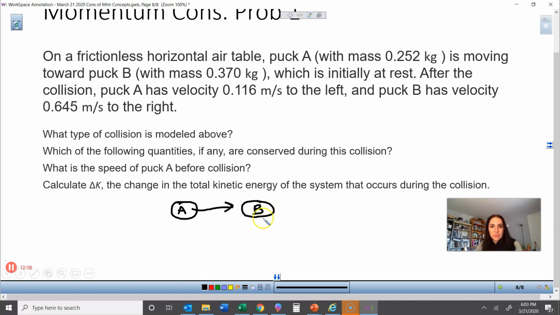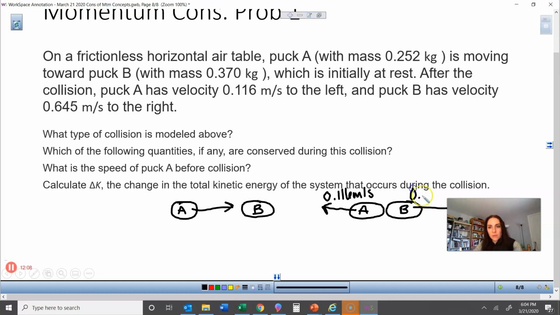Oh, I drew it right. This one is slightly bigger. Then afterward, that's the before. The after is puck A is moving to the left with 1.116 meters per second. And this is moving to the right, a little faster actually. If I were to draw this correctly, this would be a longer arrow.